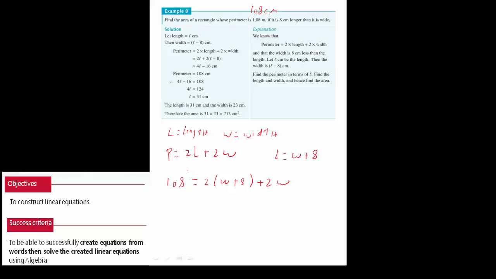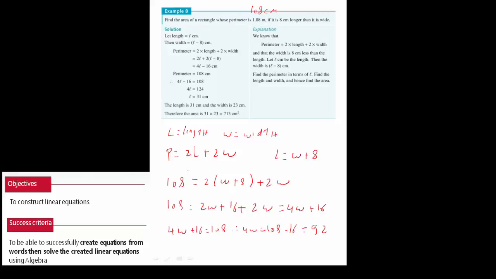So that gives us that 108 equals 2W plus 16 plus 2W, which is 4W plus 16, which means if we change it to the other way around, 4W plus 16 equals 108. Therefore, 4W equals 108 less 16, which is 92.